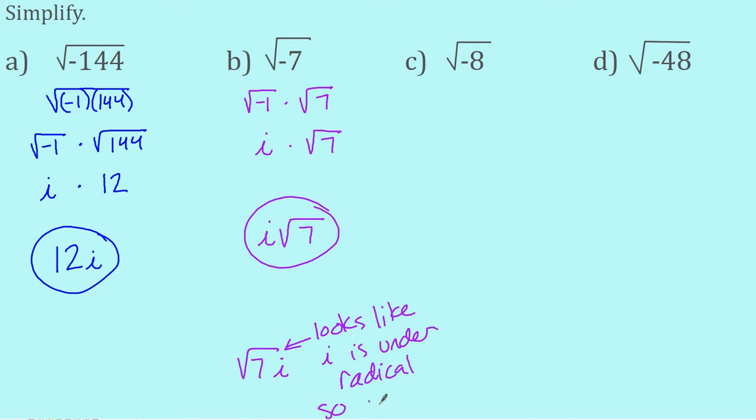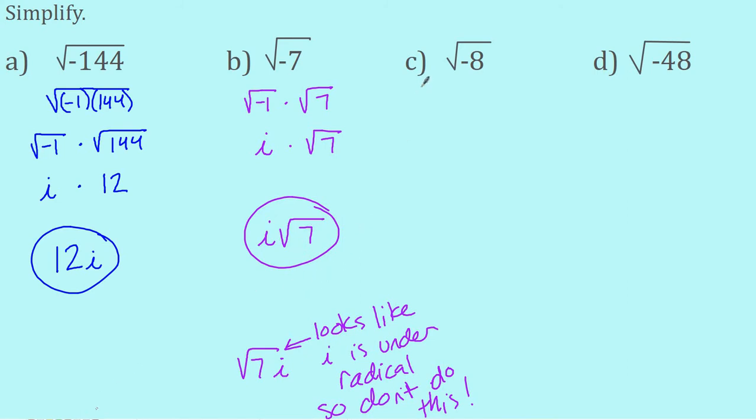So don't do this. Okay, you have to write it as i times the square root of 7. The radical should go at the end.